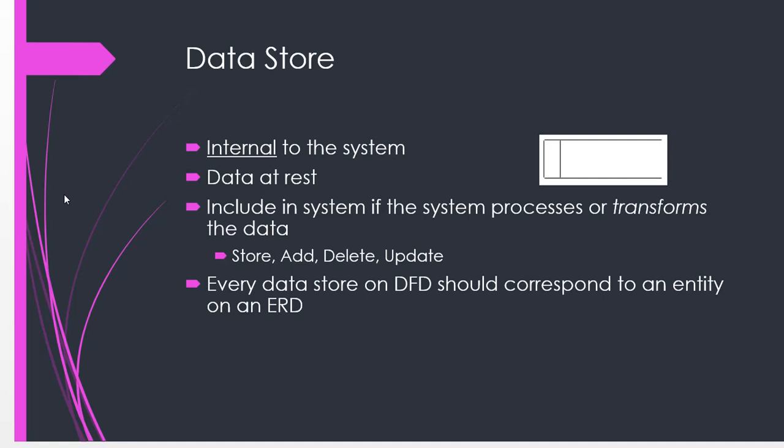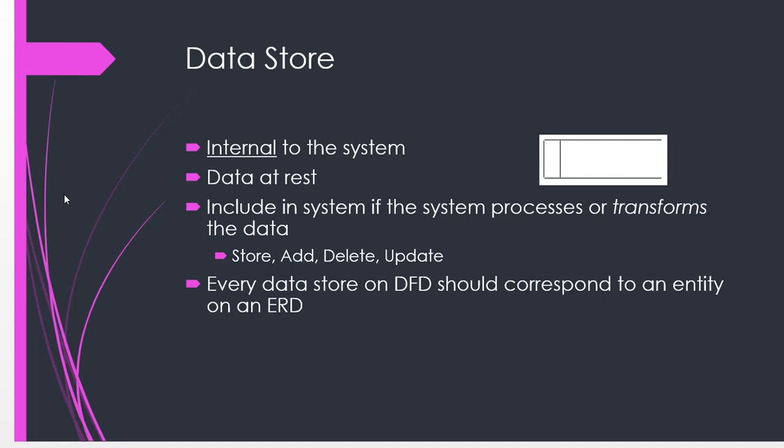Another way of thinking of a data store is it should basically represent an entity on an ERD. So a data store is like a table. It's a table in a database. If we've got an ERD that has got human beings, HR, cars or anything, as long as that thing can be represented as a table within a database, it should be a data store.